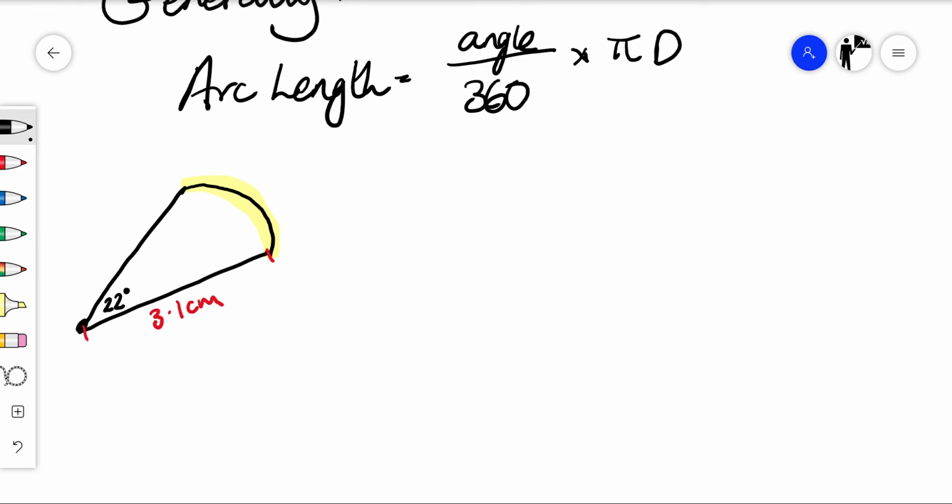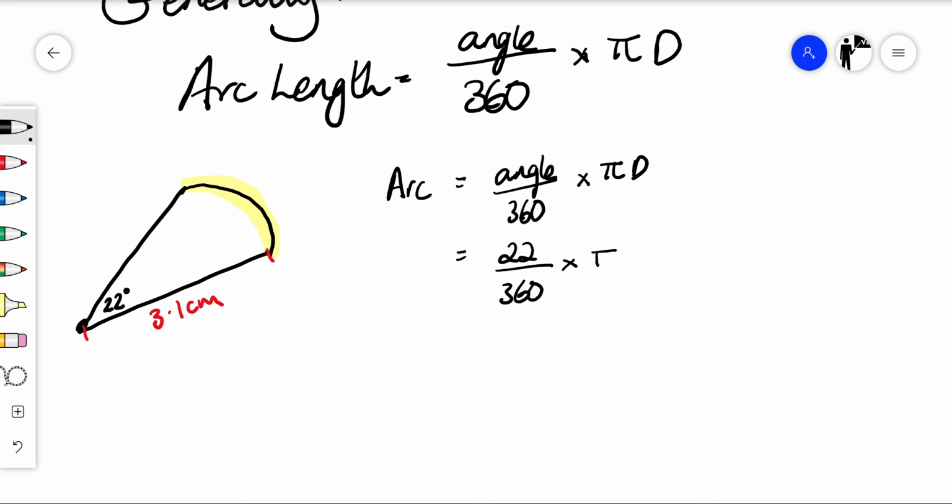Okay, so step one, if you want to do this, is you write down your formula. So to work out the length of the arc, you do your angle over 360 times pi d. So here the angle is 22, 22 over 360 multiplied by pi times 6.2.